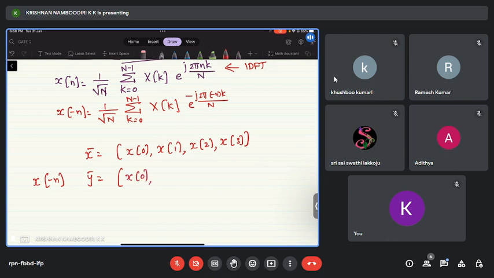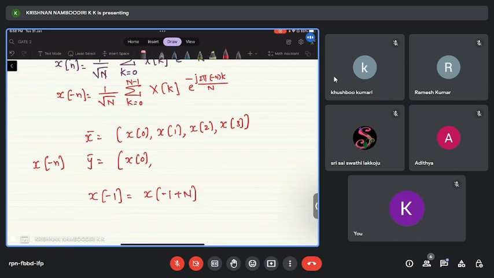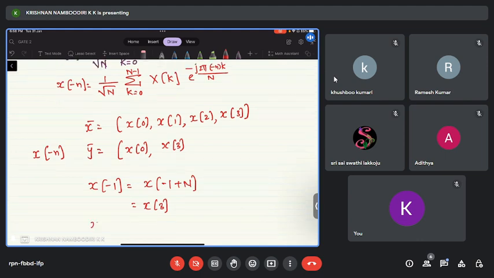Now, what is x of minus 1? X of minus 1 is nothing but x of minus 1 plus N, where N is the period of that DFT. Here it is 4, which is equal to x of 3, correct? X of minus 2 is nothing but x of minus 2 plus 4, which is equal to x of 2. X of minus 3 is nothing but x of 1.